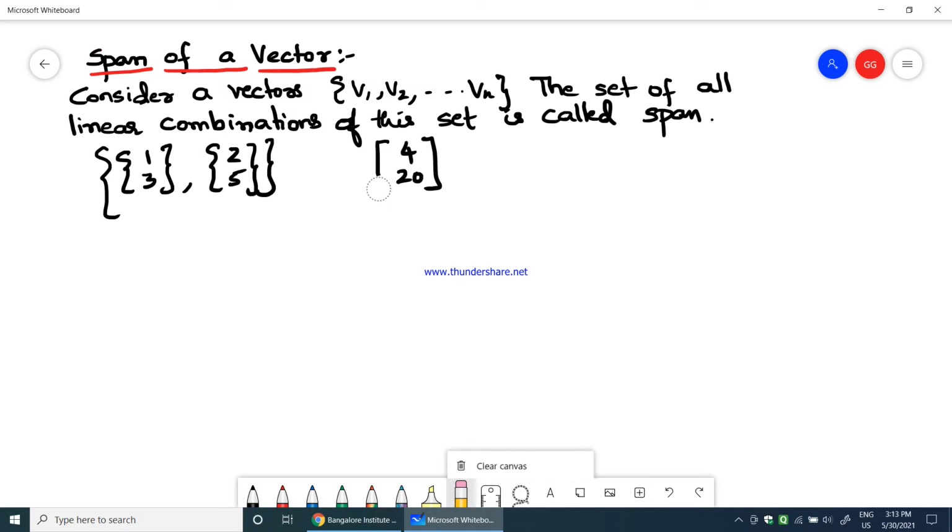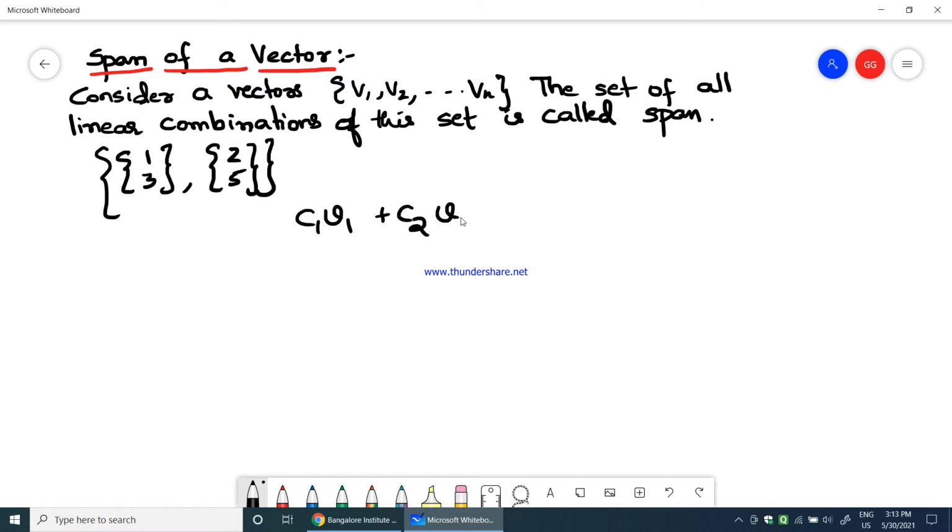Now let us see the span of the set of these two vectors, (1, 3) and (2, 5). To find the linear combinations of this set, we normally write c1 times v1 plus c2 times v2 equals 0.